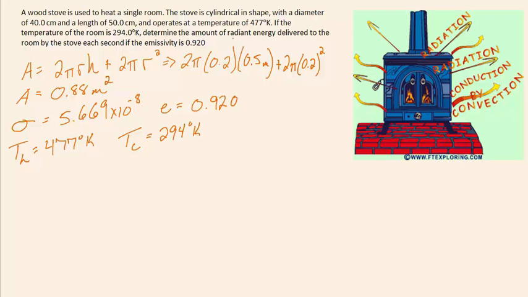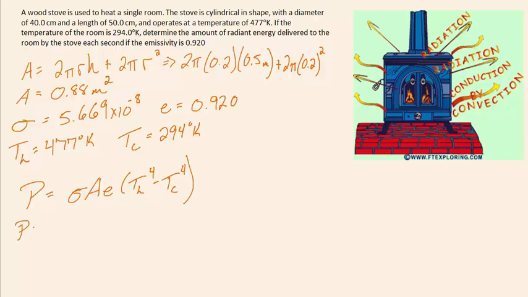And since our energy is being transferred through radiation, we can use the equation that states that power is equal to sigma multiplied by our area times our emissivity multiplied by our temperature at higher concentration to the fourth power minus our temperature at lower concentration to the fourth power.